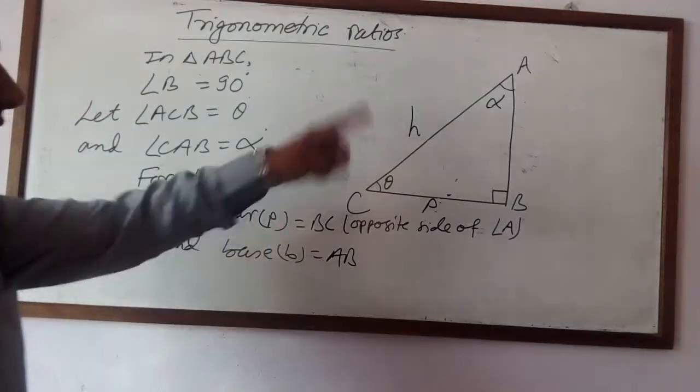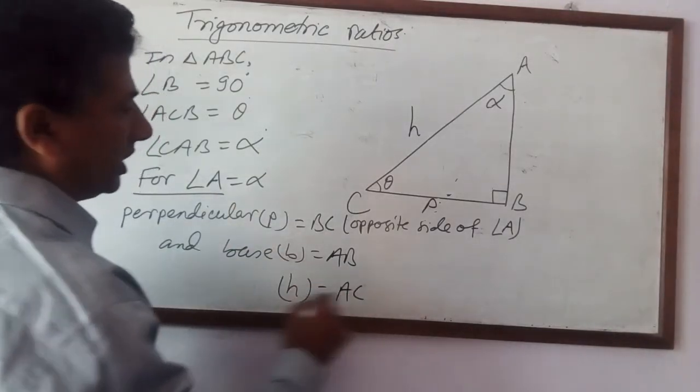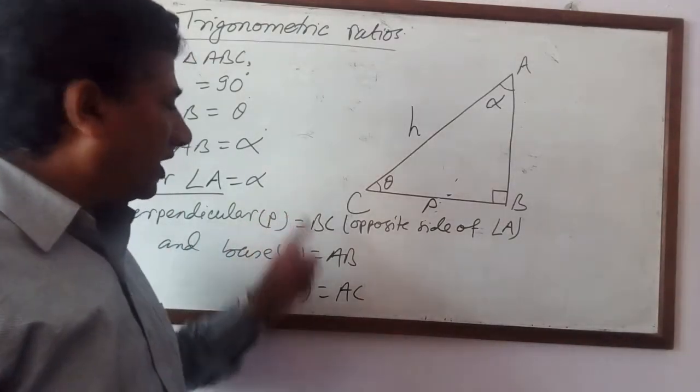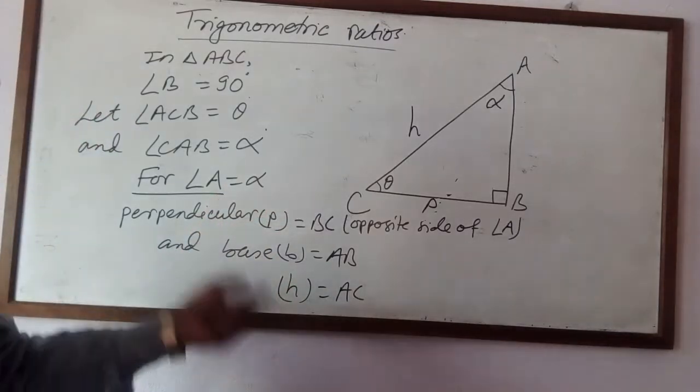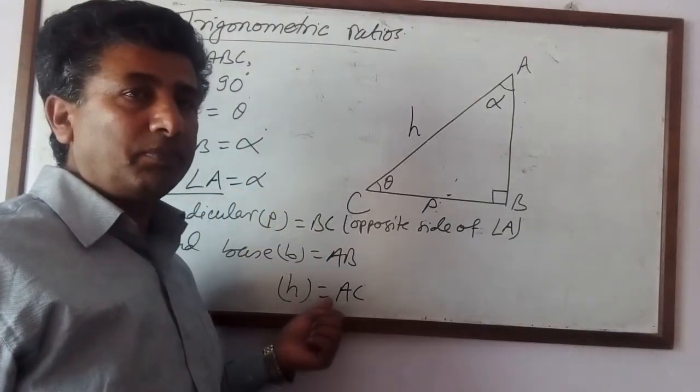But in both conditions, the hypotenuse H will always be the same, that is AC. The hypotenuse does not change. This is how to find perpendicular and base.